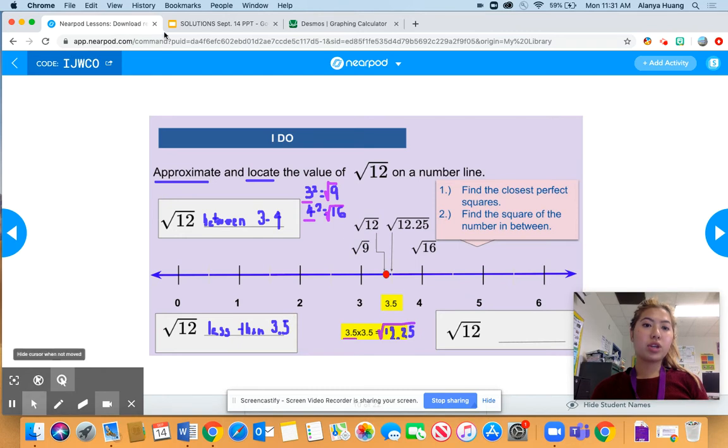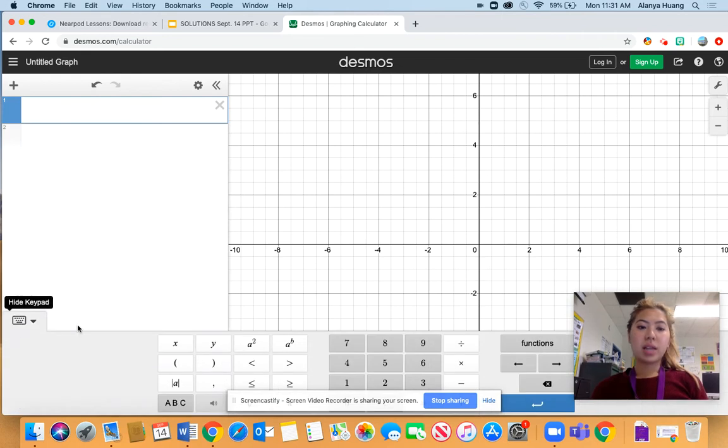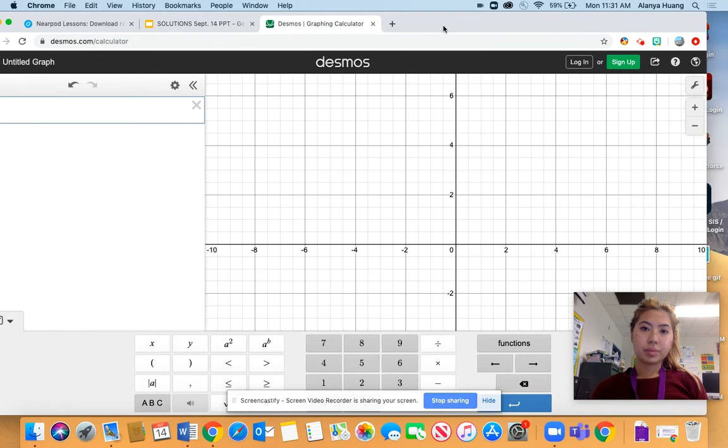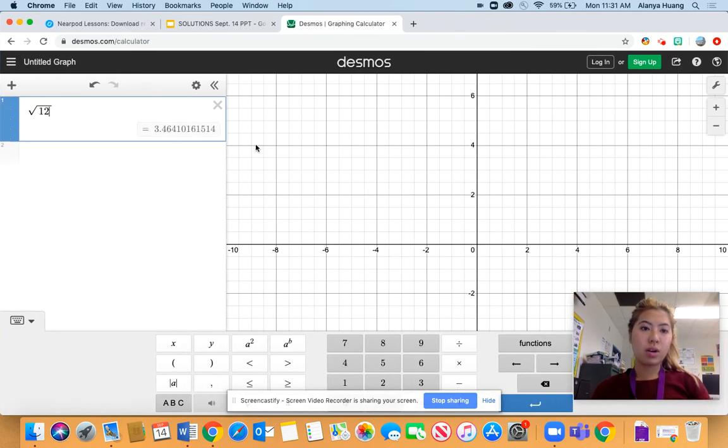And if we were to use our Desmos calculator right here, we have to click on the keyboard, square root of 12. We see that it's around 3.46.